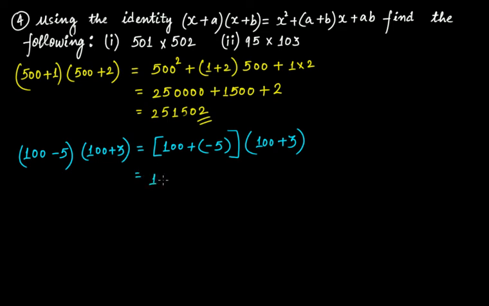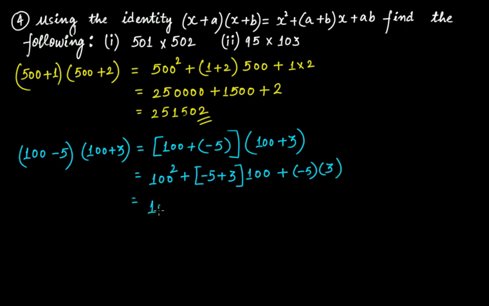So this becomes 100 squared plus a plus b, which means what? Minus 5 plus 3 multiplied by x, that is 100, and plus ab means minus 5 multiplied by 3.